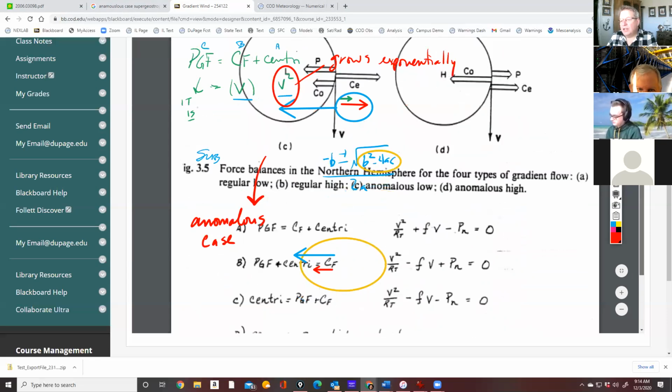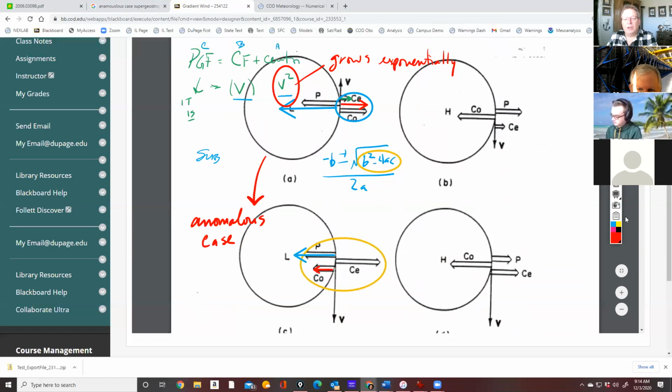Now, there comes a time where sometimes the pressure gradient is really big and the centrifugal force is really, really big. Now, you would think, well, the Coriolis force is getting larger and larger. But remember, when I look at the equations of these forces, we have the pressure gradient force plus the Coriolis force equals the centrifugal force.